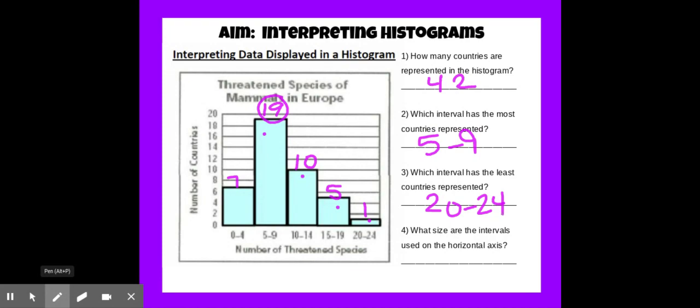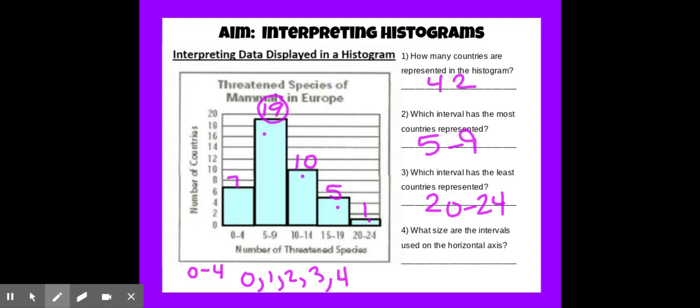And now they want to know what size are the intervals used on the horizontal axis. Most of you think 0 to 4 is 4 numbers, but it's actually not. It's incorporating the numbers 0, 1, 2, 3, 4. How many numbers did I just list there?